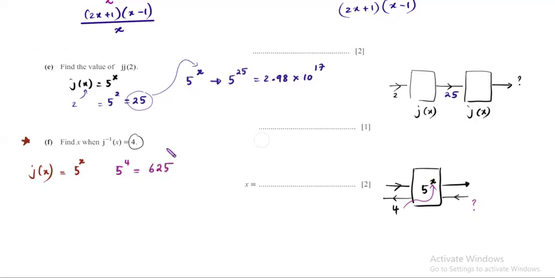This is going to be the value of the output that they are asking for, which means if the input is 625 for the inverse function, then we will get an output of 4. For the actual function, if we send in 4, we will get an output of 625. That's the meaning, which means in this case, the value of x is equal to 5 to the power 4, which is the same as 625.